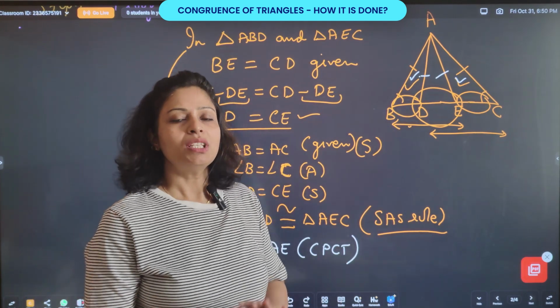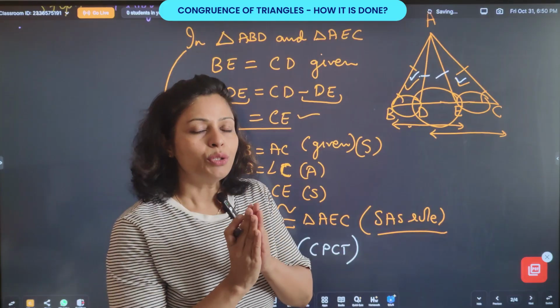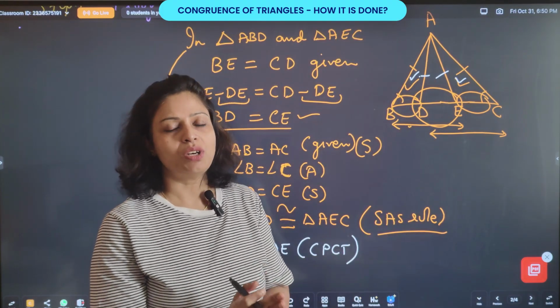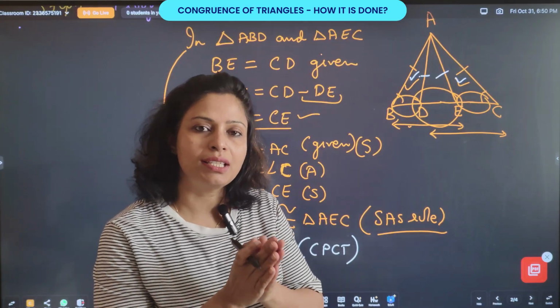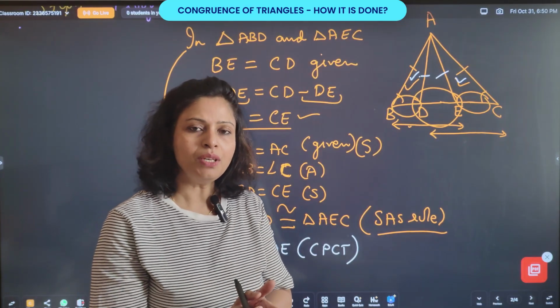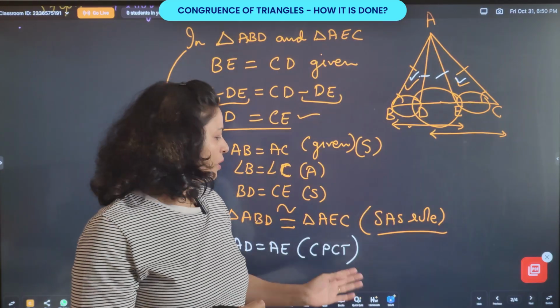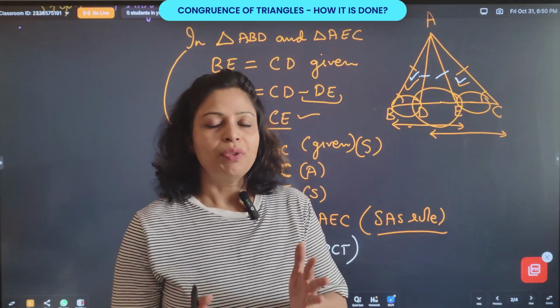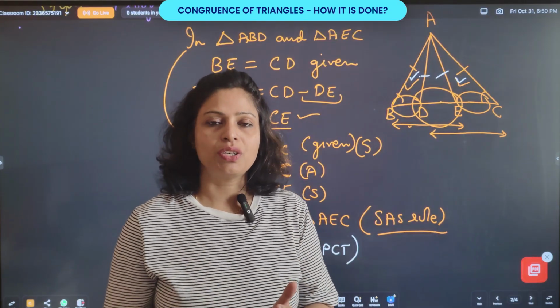Easy, right? So this is how we do the proving of the congruency of the triangles, and after that, any unknown side, if they ask us to find whether it's equal, or any unknown angles to be equal, we can find them by using the CPCT concept. Hope you understood this question. Hope this gives you an idea of how to solve questions like this.